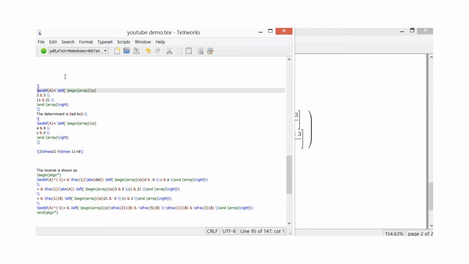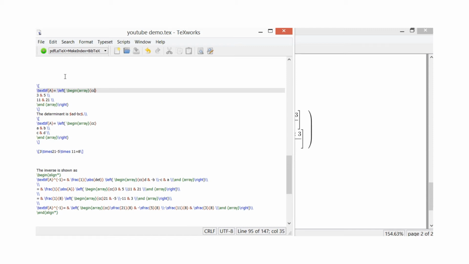So to display the matrix, I've gone for backslash textbf A. So that gives me a capital A in bold letters, equals, and then for the matrix I've gone for backslash left parenthesis open. That gives me the big bracket, and then begin array. That starts off the matrix, and then in curly braces cc. That gives me 2 columns.